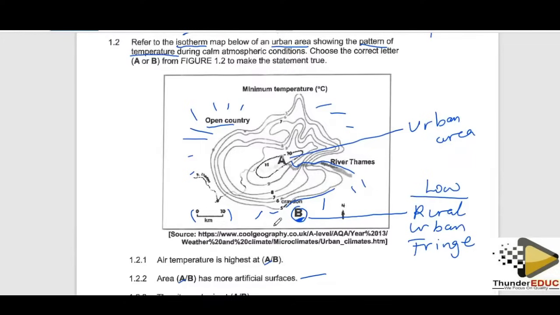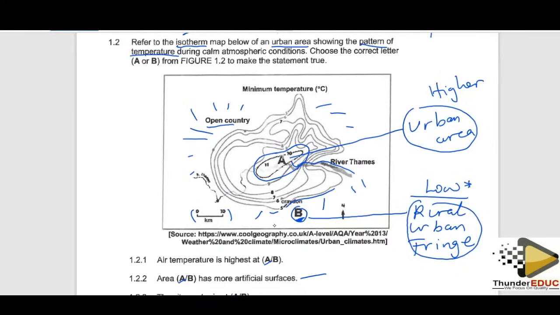However, we know that urban areas always have higher temperatures as compared to the rural areas. So B is our rural area or the urban fringes, and A is an urban area. So urban areas are always going to have higher temperatures, and rural area temperatures are going to be low. All right.